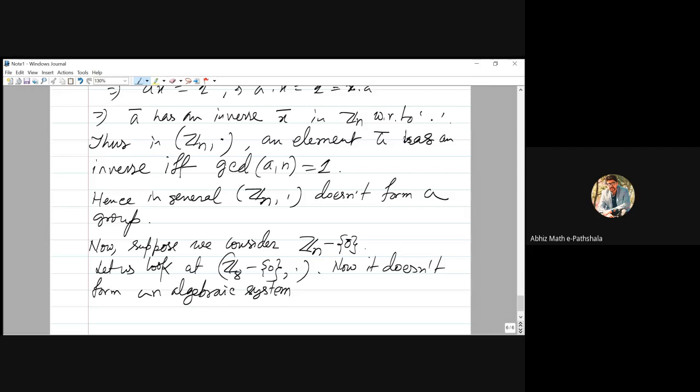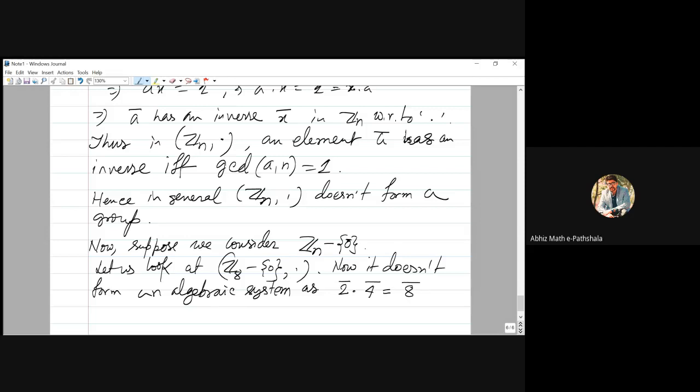Why? Because this dot will not be a binary operation over Z8 minus 0, as 2 class dot 4 class, what will be this product? This product will be 8 class.